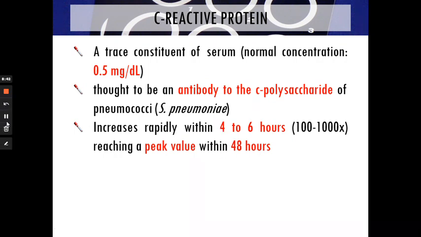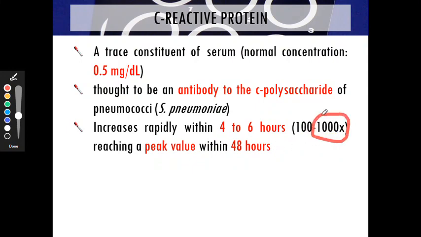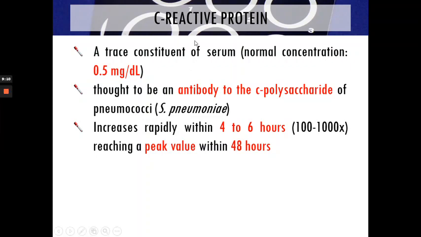And aside from that, your value is of the highest, 100 to 1,000 times. Another acute phase reactant that can reach this amount when there is inflammation or infection is your serum amyloid A, SAA, aside from your CRP.